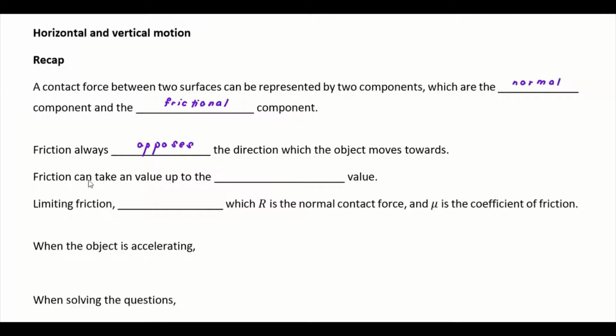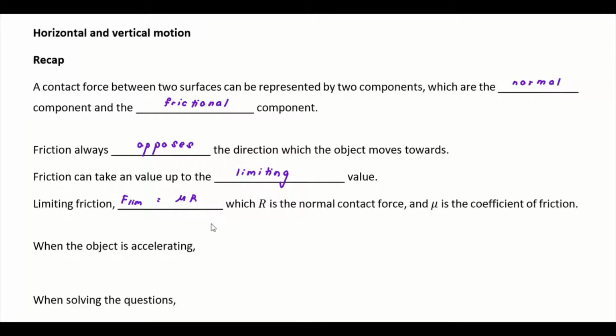Friction can take any value up to a limiting value, which is why we have the situation called limiting equilibrium. At the moment where the friction has its maximum value, it is called limiting friction, where F limit is equal to mu R. Mu is the coefficient of friction, and R is the normal contact force, which is the normal component that we mentioned previously.